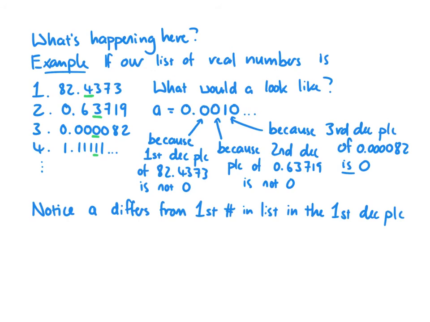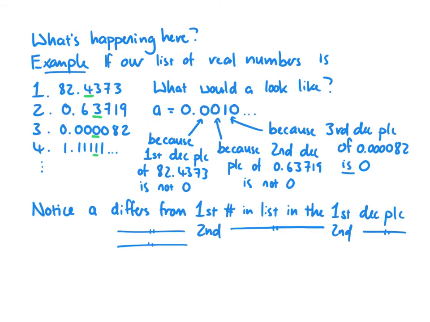There was a non-zero digit in that first decimal place in the first number, and I made the corresponding digit for A be 0. It differs from the second number in the list in the second decimal place, right? The second number has a 3 in the second decimal place, A has a 0.